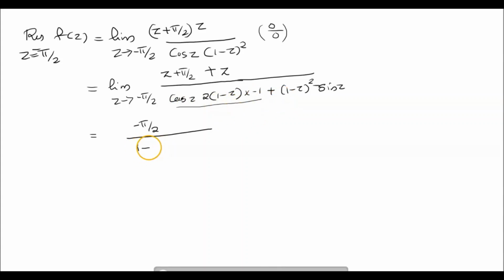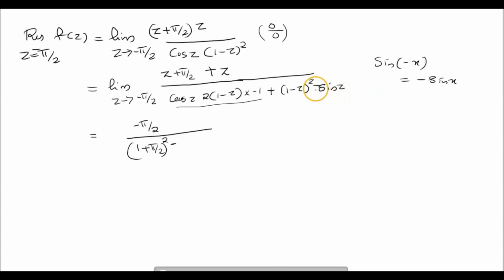Now (1 minus z) becomes (1 plus pi by 2) all square, times minus sin of minus pi by 2. You know that sine of minus x is minus sin x, so sine of minus pi by 2 is minus sin pi by 2.